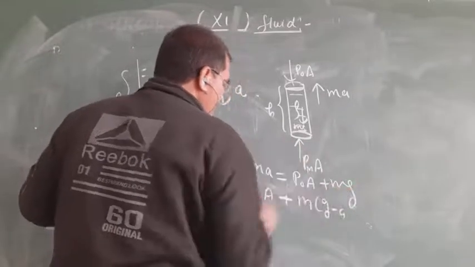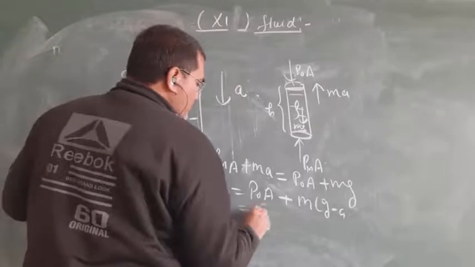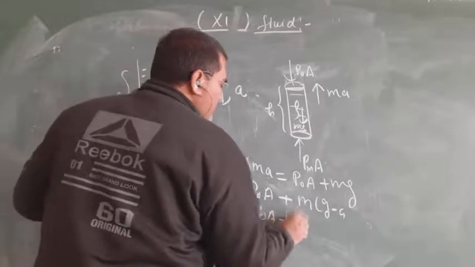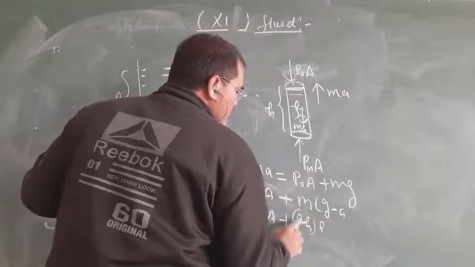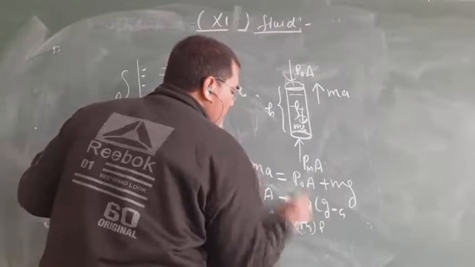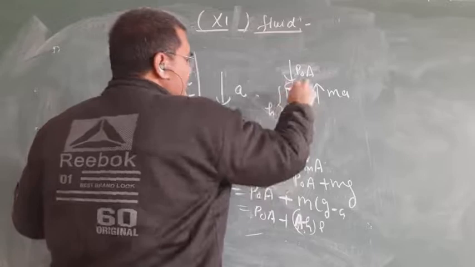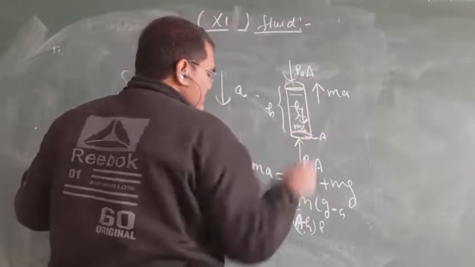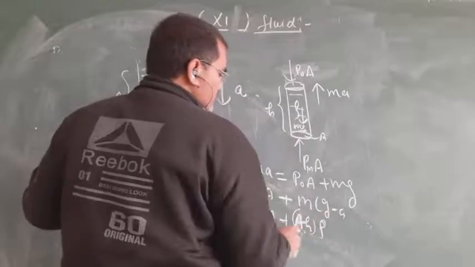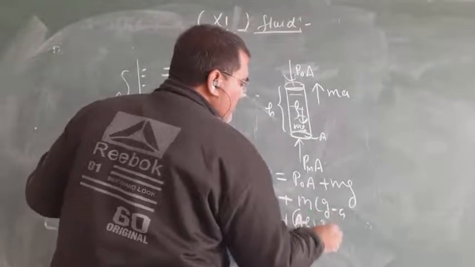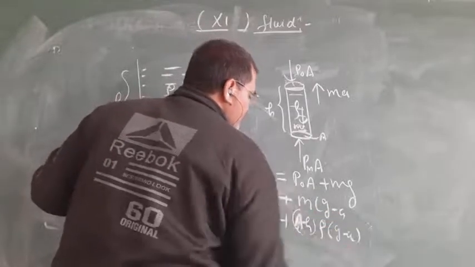Here m equals volume into density: cross-sectional area A into height h, times the density of the liquid rho. This is the mass of the fluid, multiplied by g minus a.